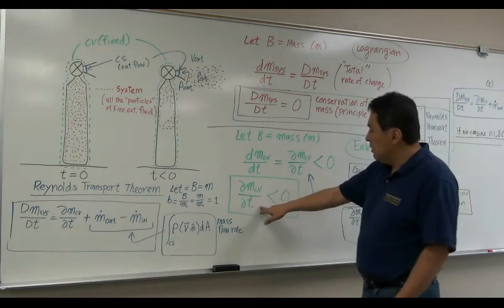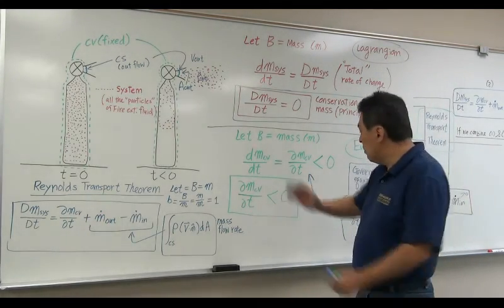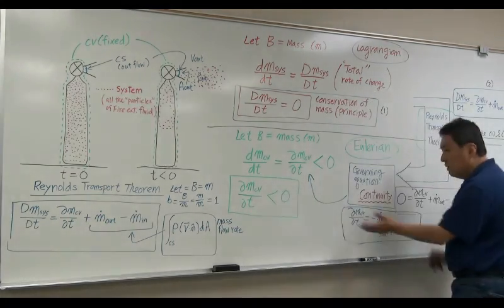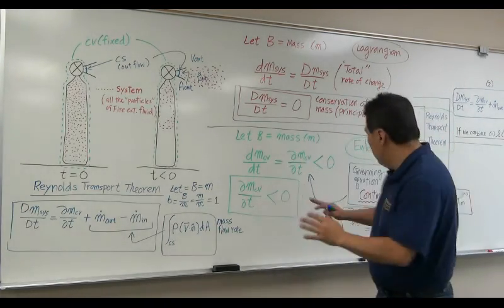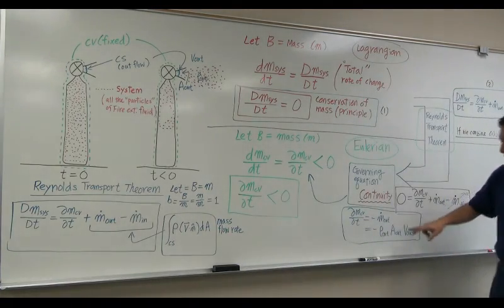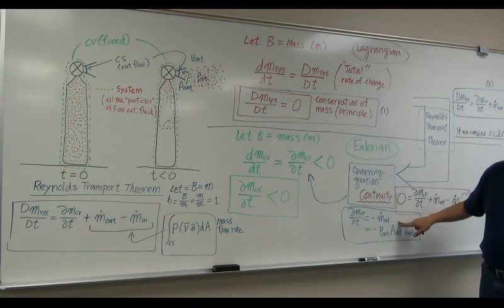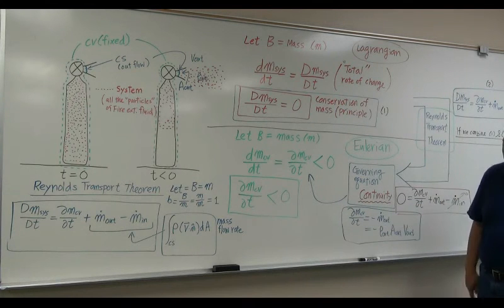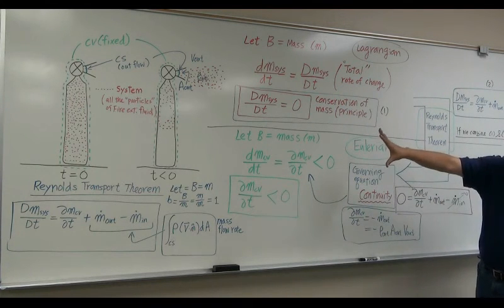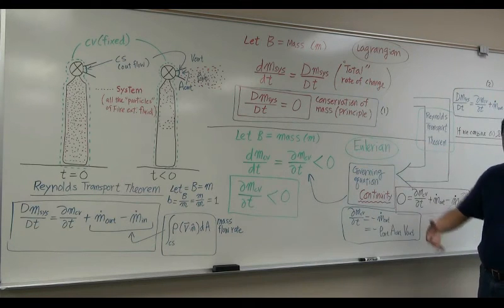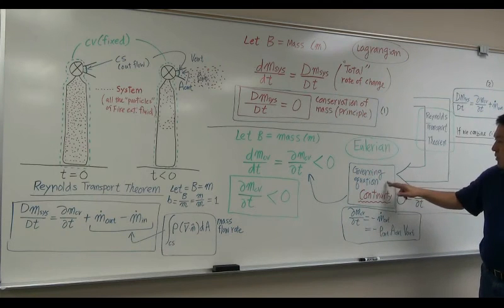So this statement is true. And you can actually determine the value. Rather than some kind of negative value, you can say it's going to be 20 kilograms per second. So if you have 100 kilograms of mass within, it's going to take 5 seconds to empty out the mass within the tank.